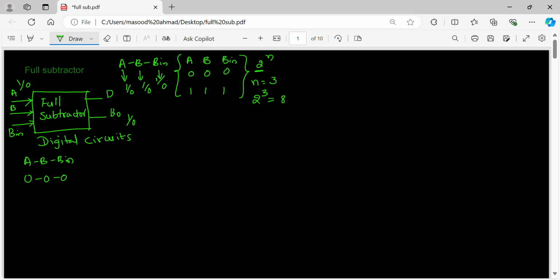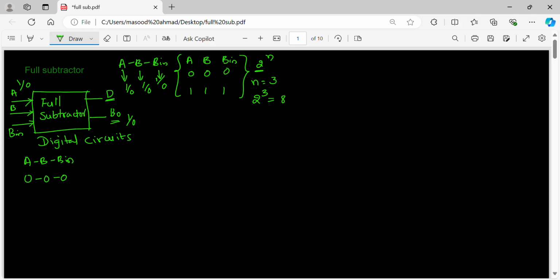Likewise, I need to look at the combinations for which I am going to do this operation, and look at what is the difference value and what is the borrow out value. So let's look at the inputs and outputs. From that we try to understand the complete circuit functionality, and from that we derive or design the full subtractor.